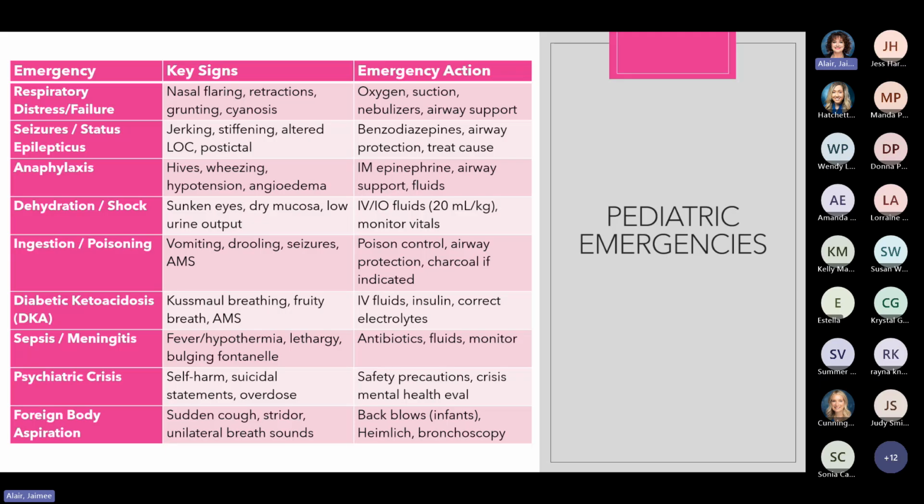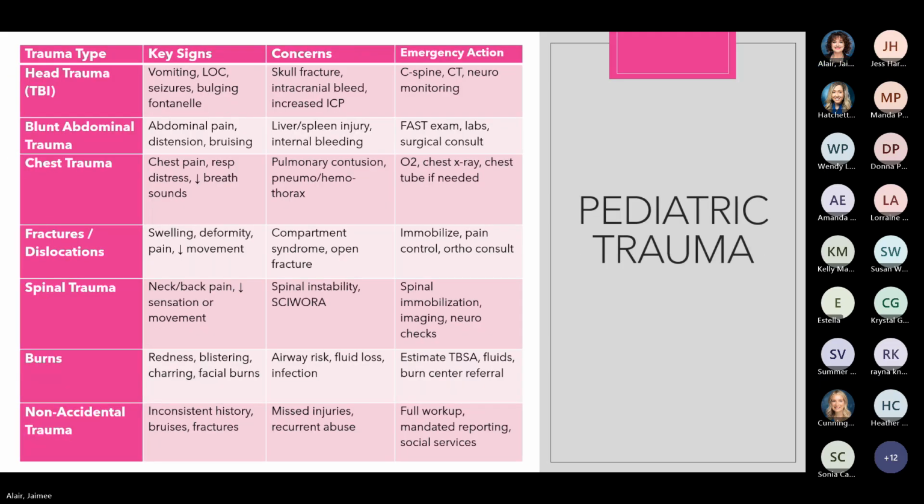But constant education and constantly reassuring the families what they should be looking for, what they would do the next time is important. And then having all the supplies that you need. So different oxygen supplies, airway support, medications like benzos, epi, all of those resuscitation medications are important to have on standby in case that happens.